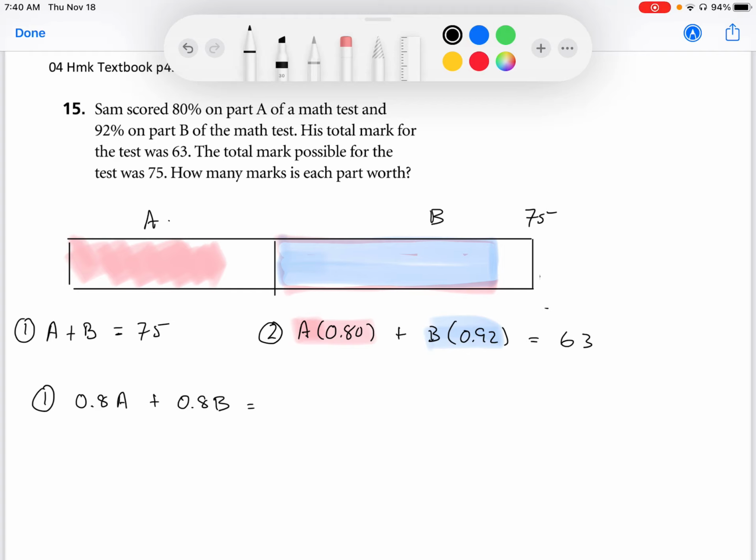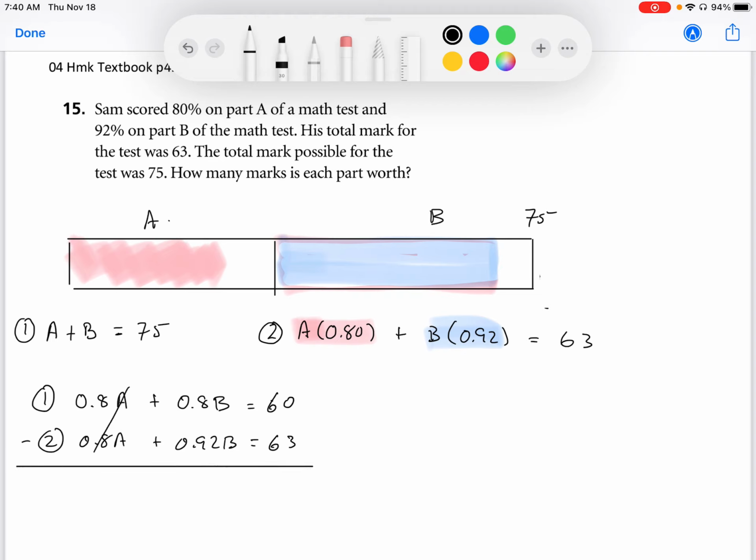So 75 times 0.8 gives me 60 marks. So there's one equation. I'm going to subtract equation 2, which is 0.8a plus 0.92b, and that's going to be equal to 63 marks.